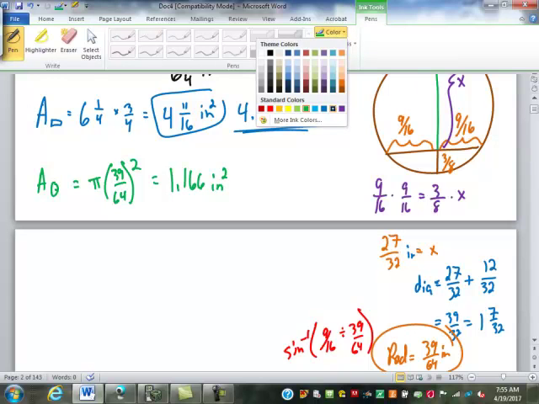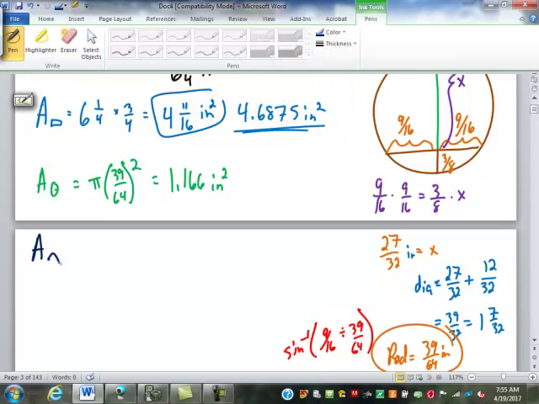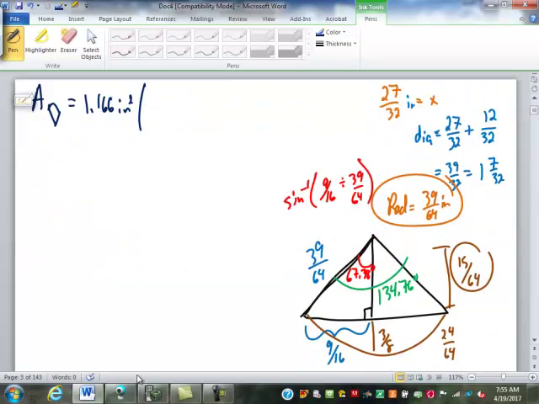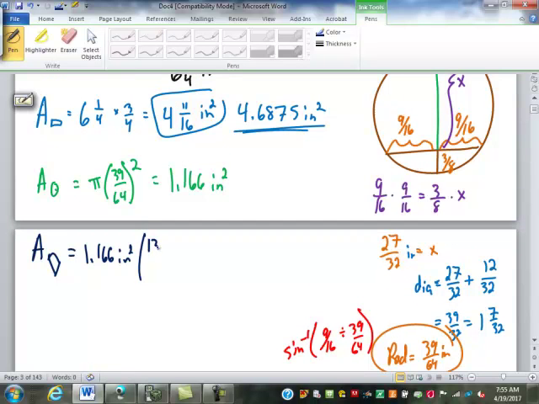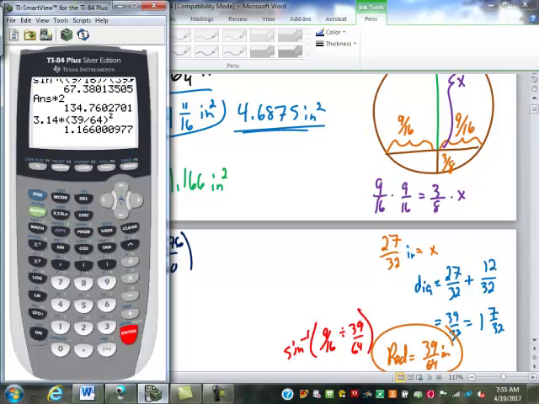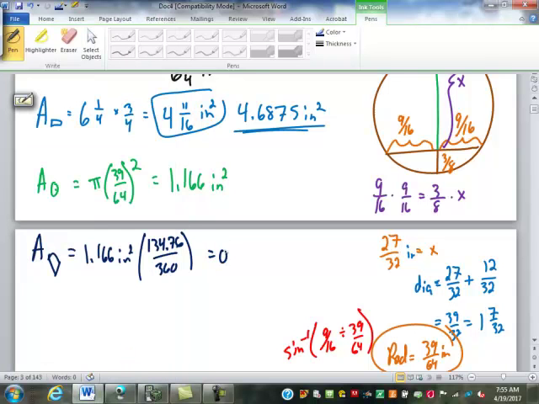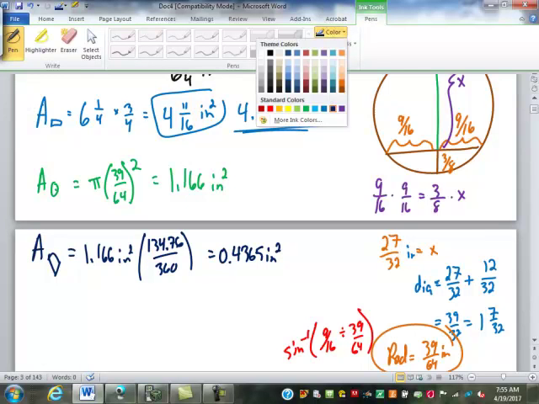Find the area of our sector. It is going to be that times our angle, 134.76 over 360. So 0.4365 inches squared is the area of the sector.